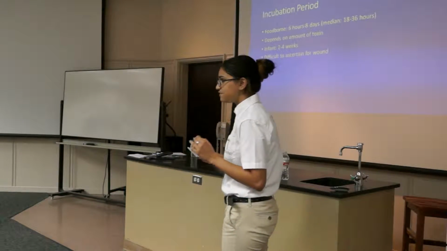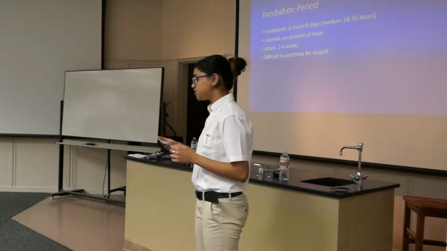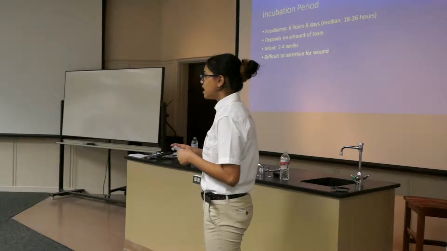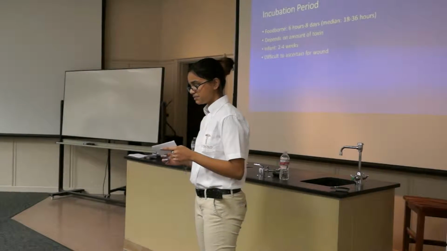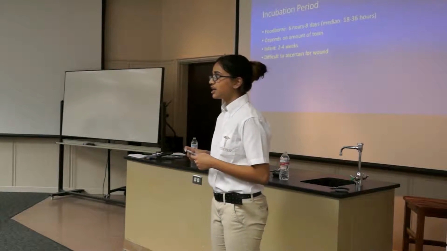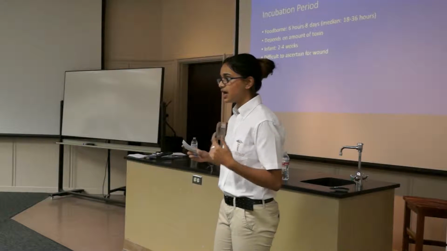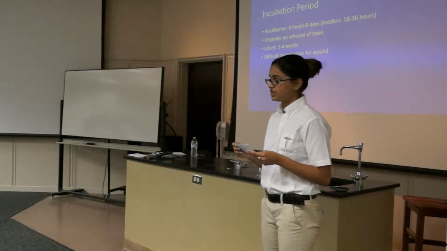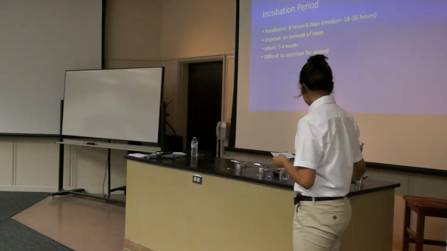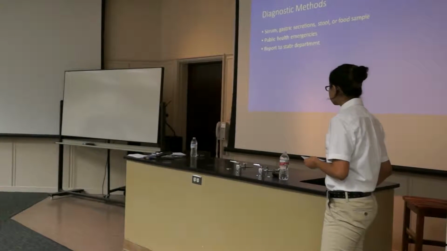It is very difficult to ascertain the incubation period for wound botulism, as this disease primarily occurs in black tar heroin users. Heroin users can inject multiple times in short spans of time, which makes it very difficult to know exactly how long the incubation period is.